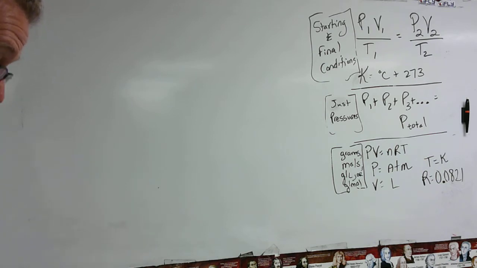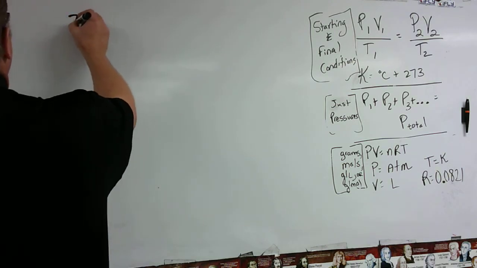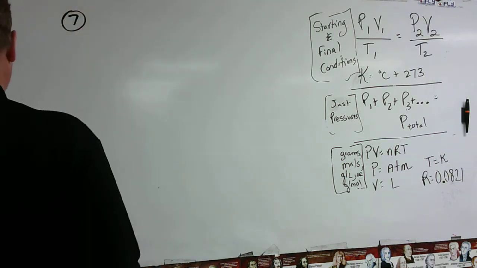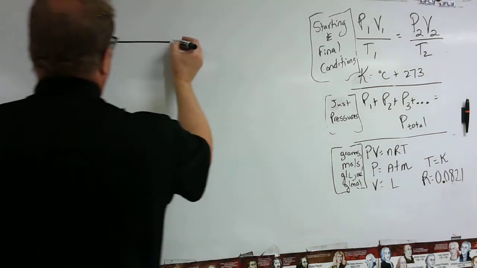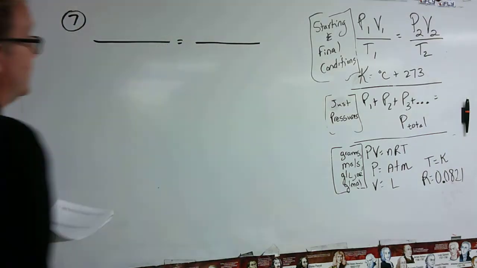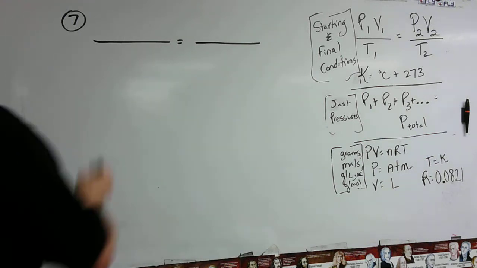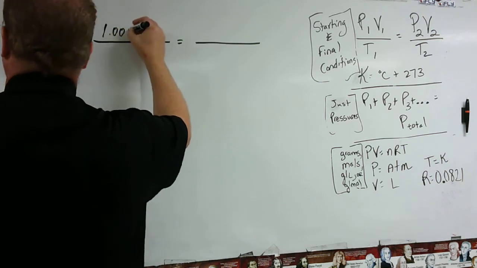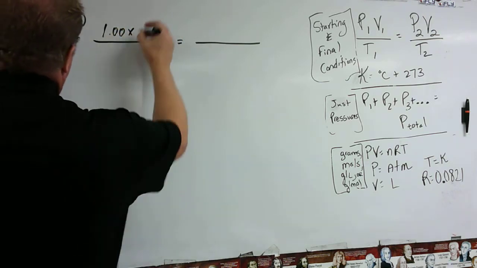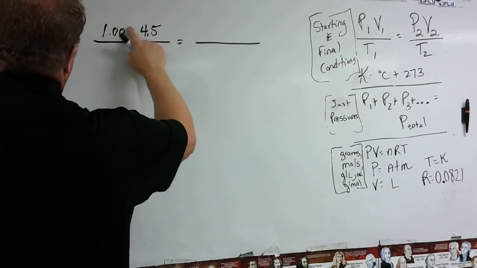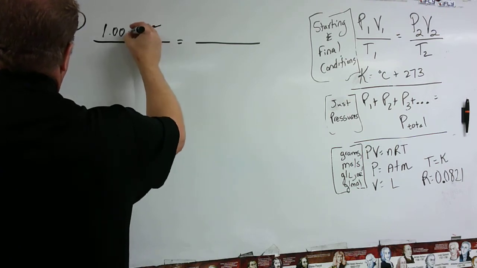Now let's go with the last one, which is number 7. So we have a whole set of numbers. Now this one's one that people have a lot of problems calculating, so I'm going to show how to do that. Again, you're going to notice your grouping. The first set's going to be 1 atmosphere. And I got a volume of 4.5 liters. I usually put the multiplication in as a dot.